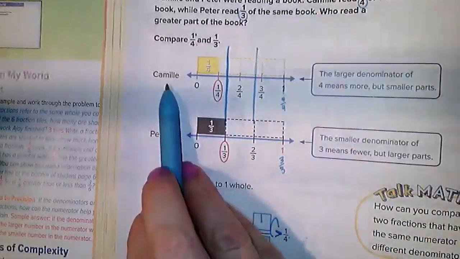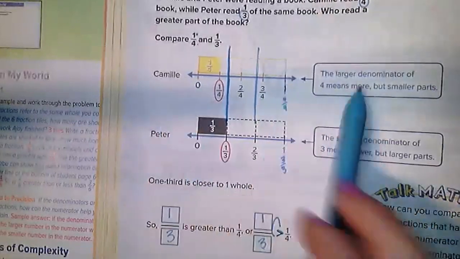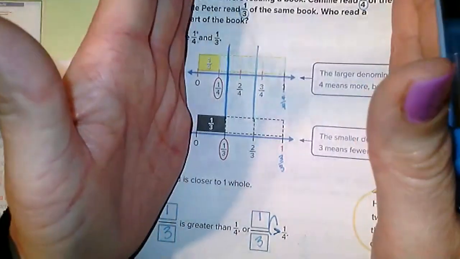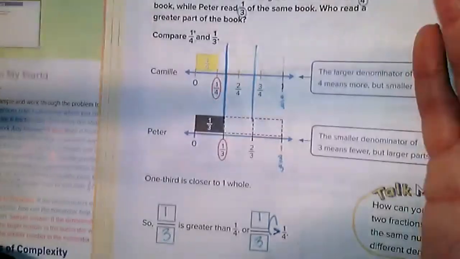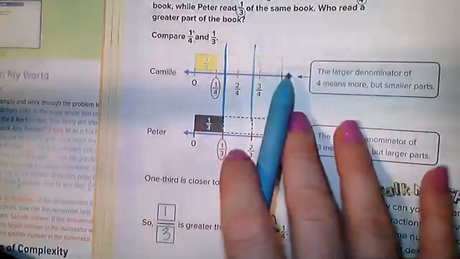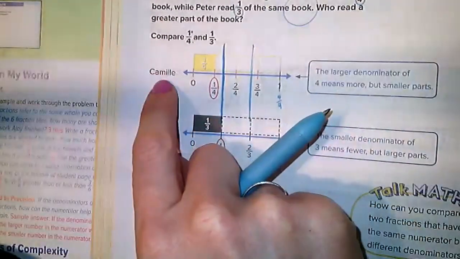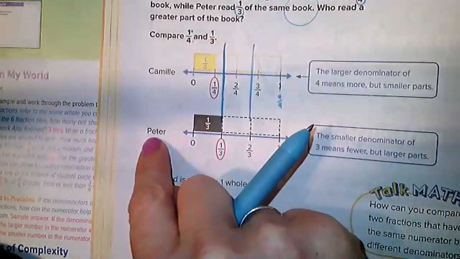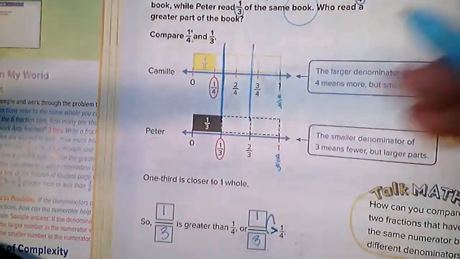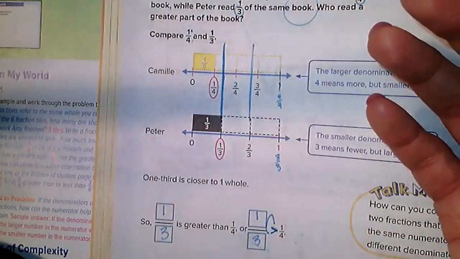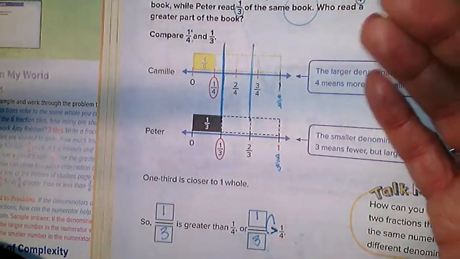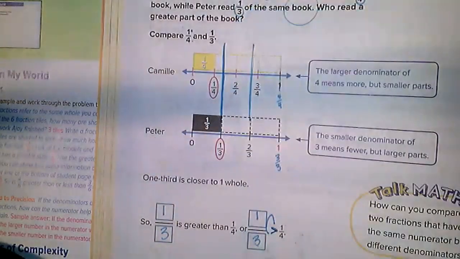If Camille had a larger amount of books, right? But we're only dealing with one book, right? So let's say if we said Camille read 2 books and Peter read 1 book, that would be a different fraction and we really couldn't compare them. We would just say Camille read twice as many.